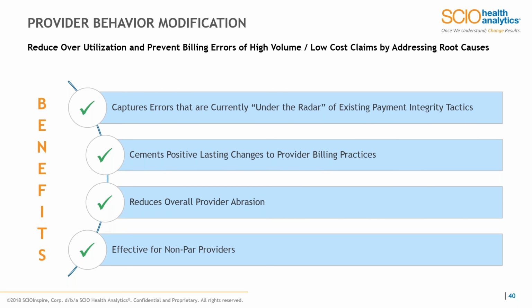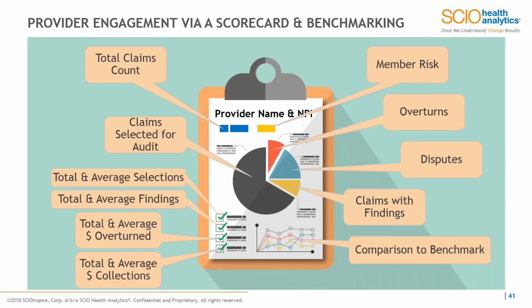Measurement and monitoring are key to a successful provider behavior modification. Unlike other solutions, the benefit is not realized just on the identification and recovery of an overpayment. It is necessary to track and trend a provider's claims over a long period of time to measure the impact of the provider engagement activity.